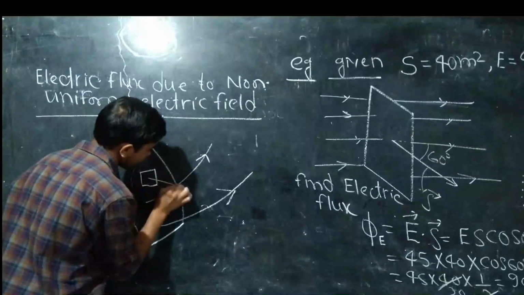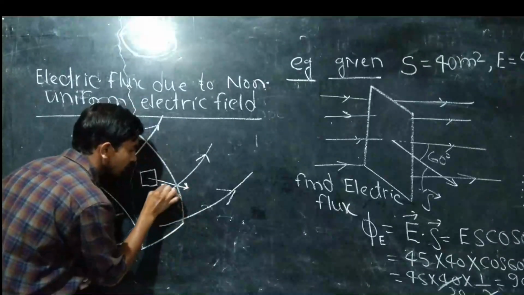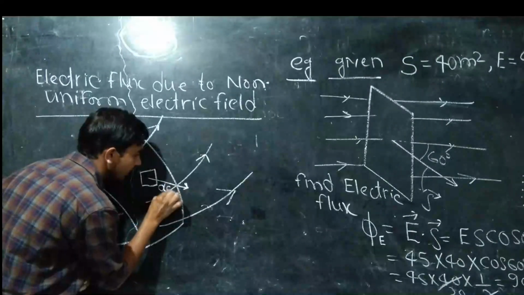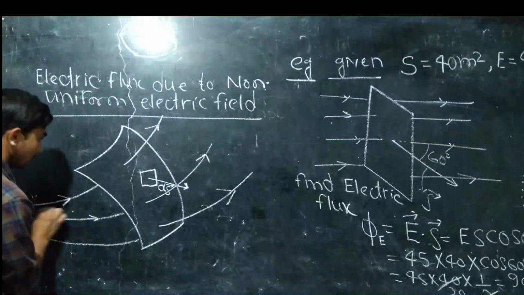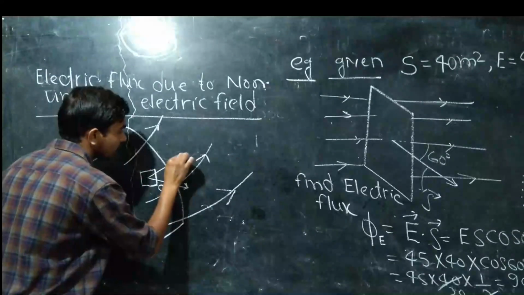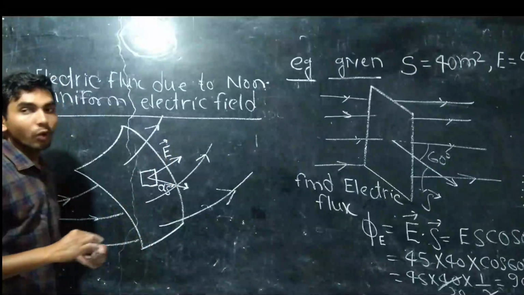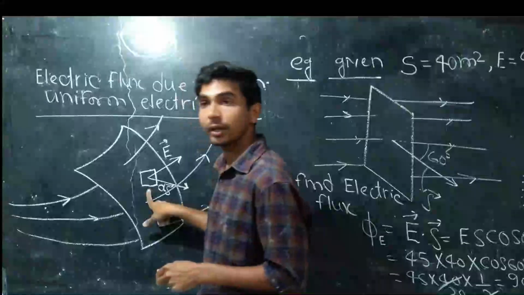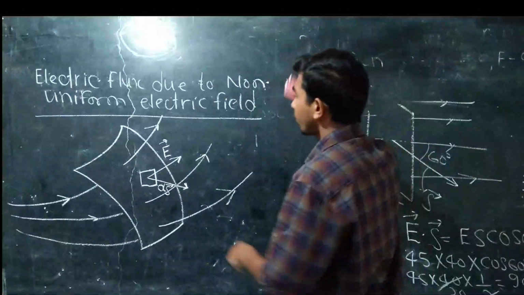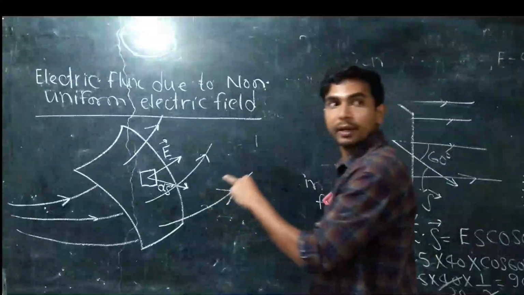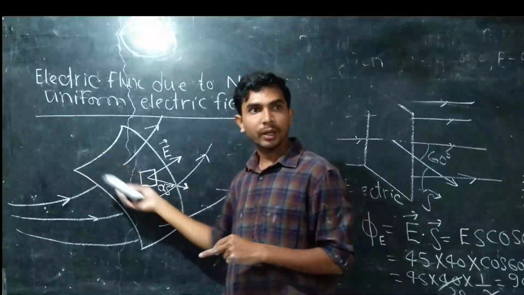So first I am going to calculate the electric flux through this small area. This is your small area, and this is the direction of the small area. The area vector is dS, and suppose here the electric field is in this direction, and that electric field is E. So first we find a small electric flux through this small area, and then by integrating we calculate the total flux through the entire area.